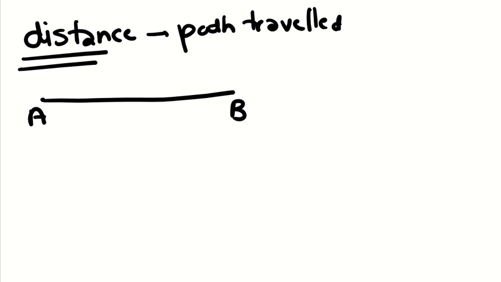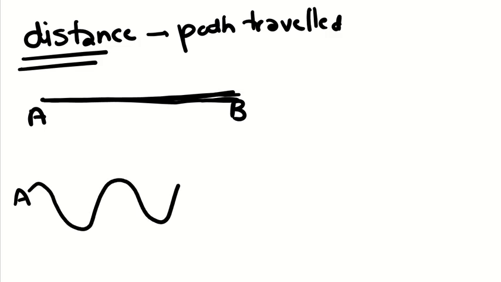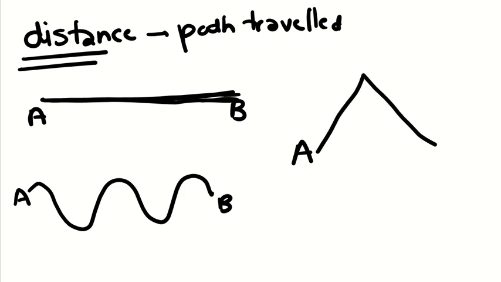So the path traveled by Mohan, the one I am moving my pointer along, is the path traveled by Mohan. He might have traveled this way. This is not the only path; he might have gone like this, or like this. All these are paths traveled by Mohan.